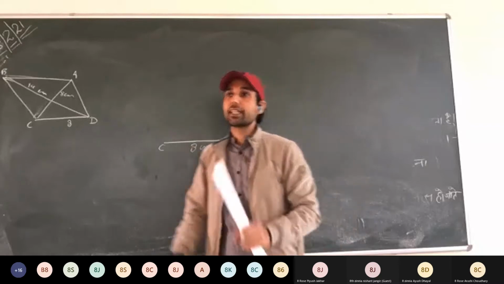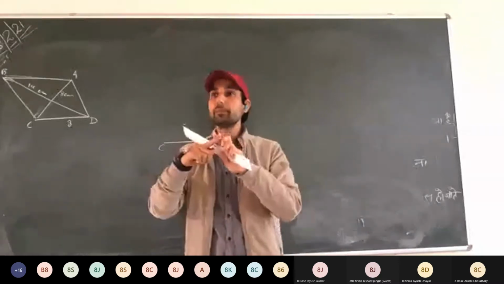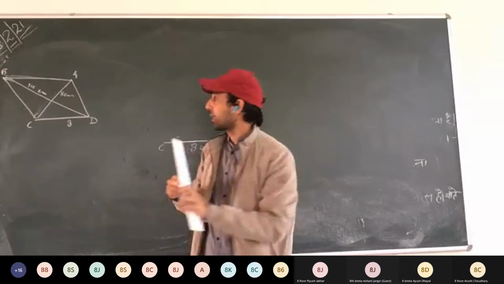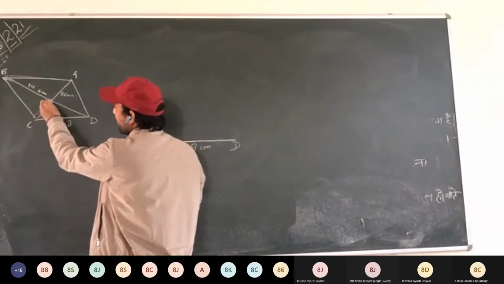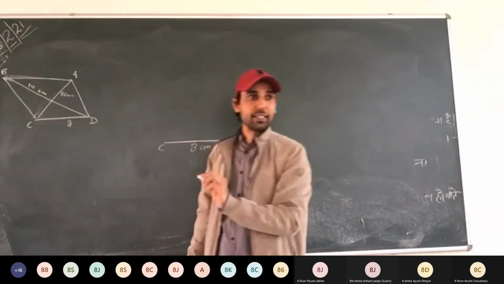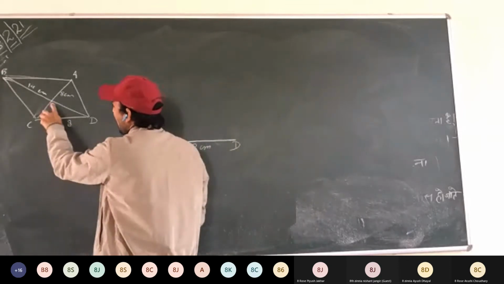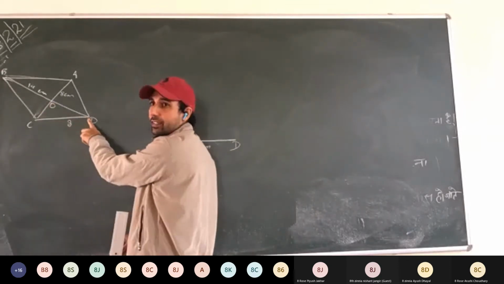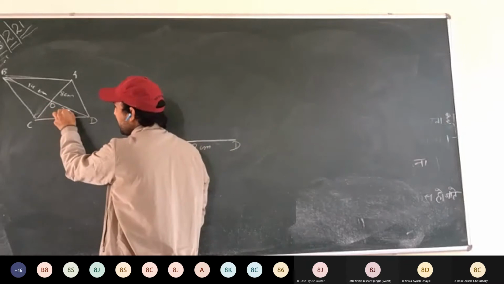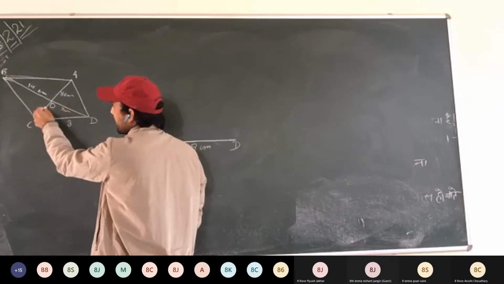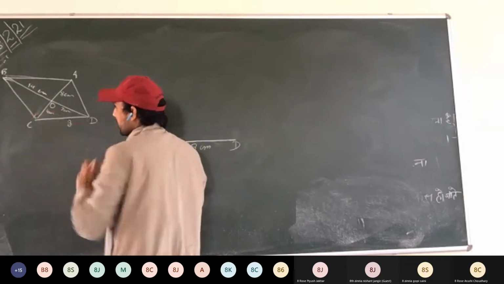See, a property: diagonals in a parallelogram bisect each other. It means we can get this point. Let it be O. How far is O from D? This will be 7 centimeters. How far from C? 4 centimeters.